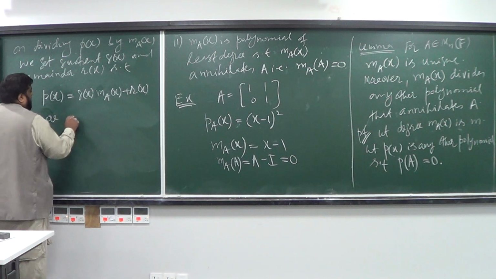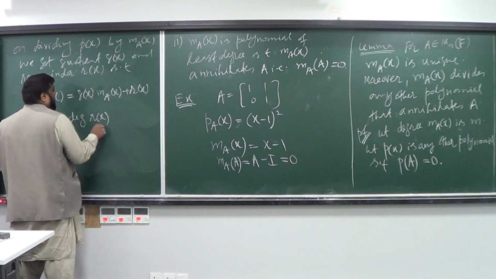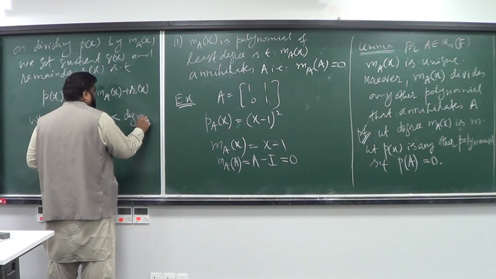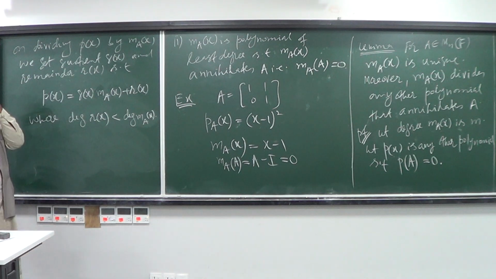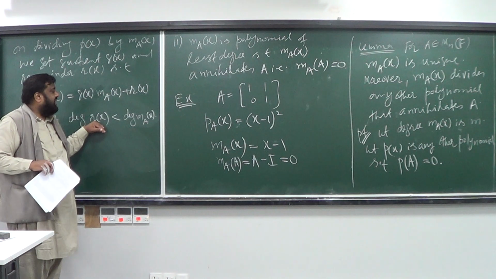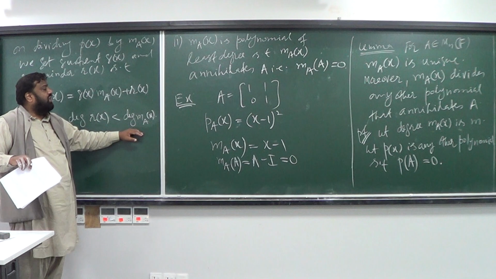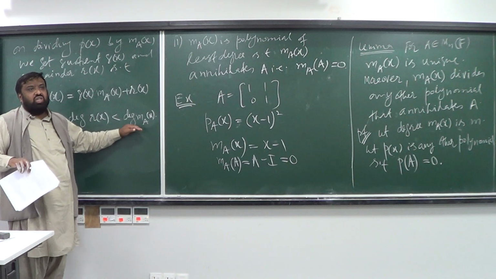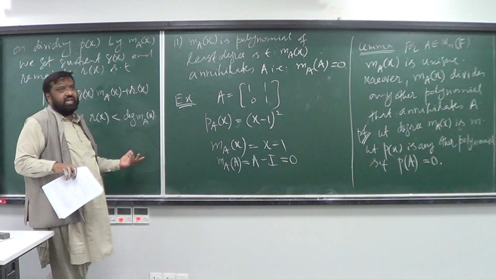It is important that the degree of the polynomial R of x must be less than the degree of the divisor. Why? Because if the degree of the remainder is greater than or equal to the degree of the divisor, you will still keep on dividing it.